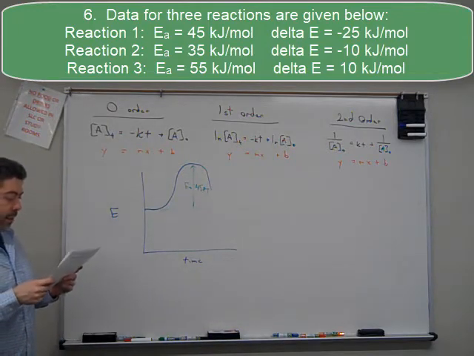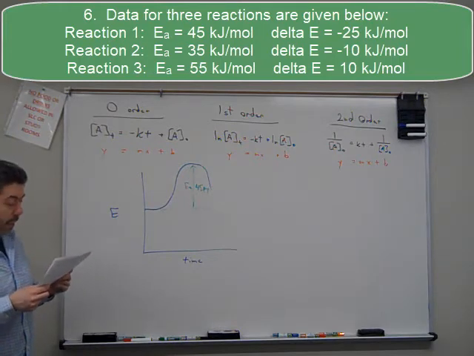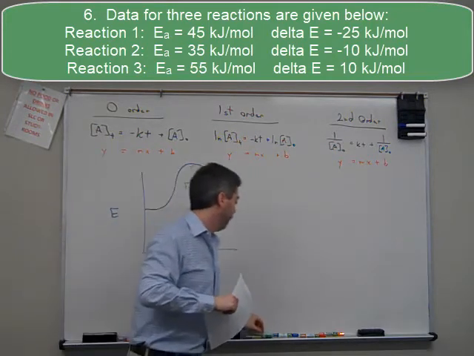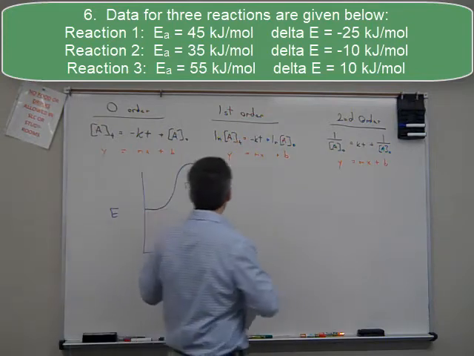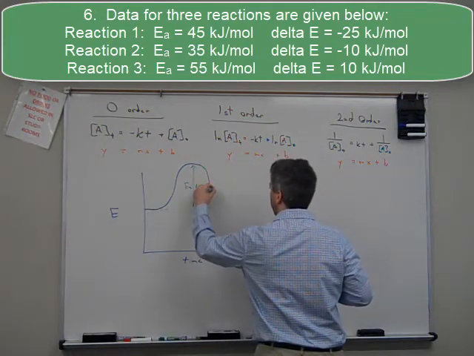Now it says the delta E is negative 25. So when all is said and done, the product is actually going to be lower than my initial reactants by about 25.